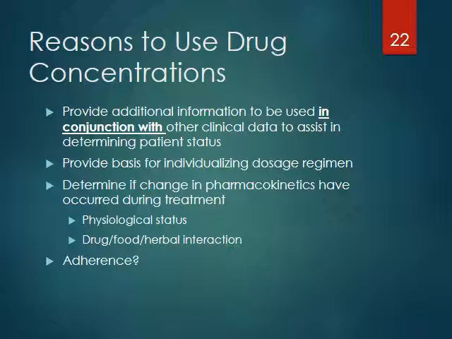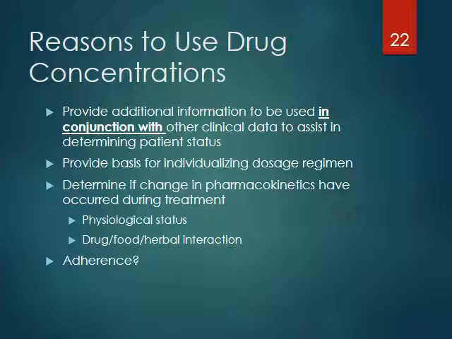So, some reasons you might use drug concentrations to help you with managing your patient's medication regimen. One would be to provide additional information that can be used in conjunction with other clinical data to assist in determining the patient's status. Say, for instance, you have a patient who says they're taking their medication as prescribed, but now all of a sudden they're developing toxicity.